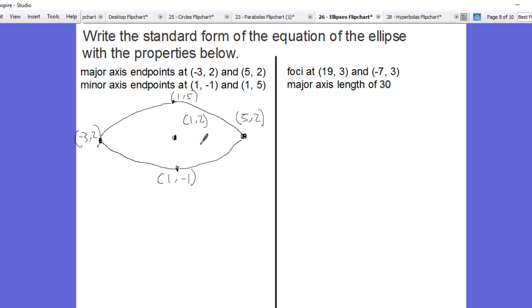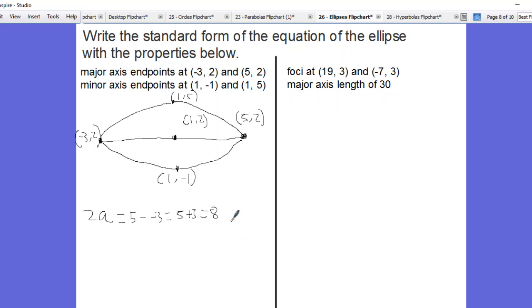What is the length of our major axis? Well, we go from negative 3 all the way to 5. So 2a is 5 minus negative 3, which is 5 plus 3, which is going to be equal to 8.